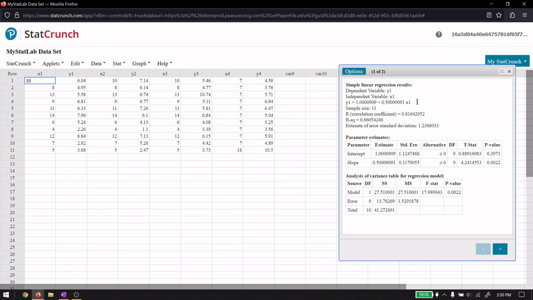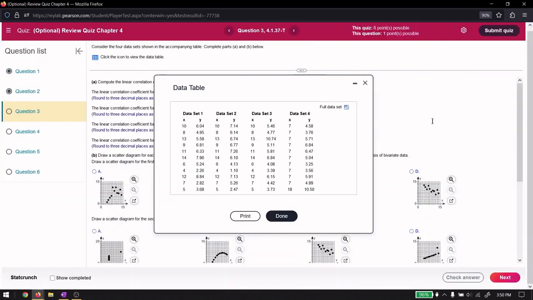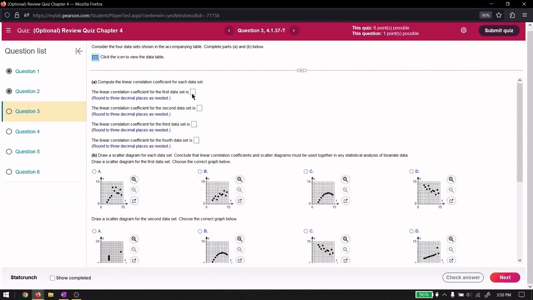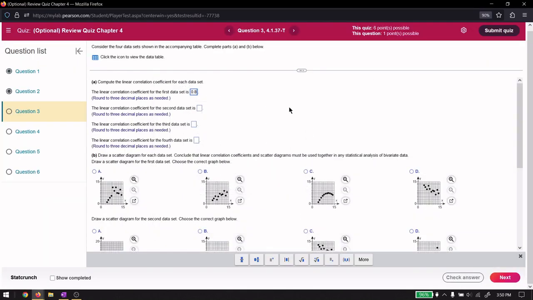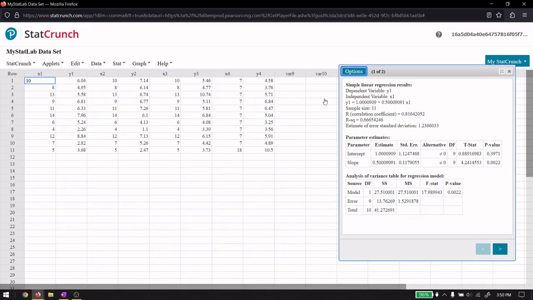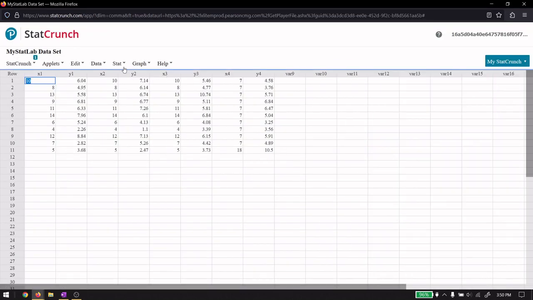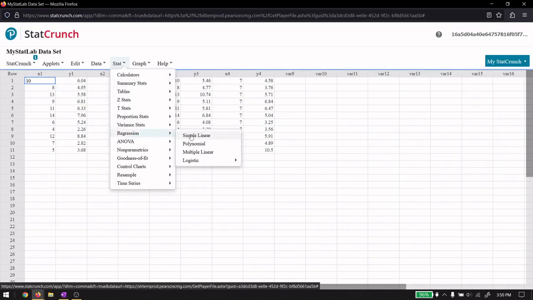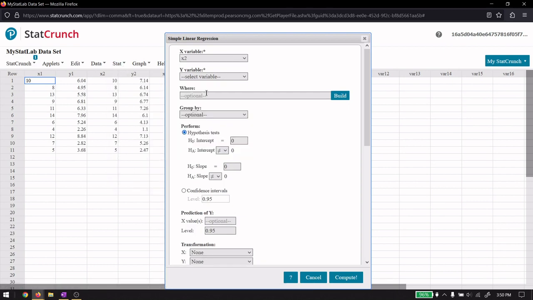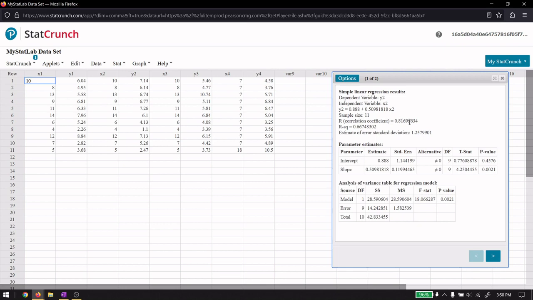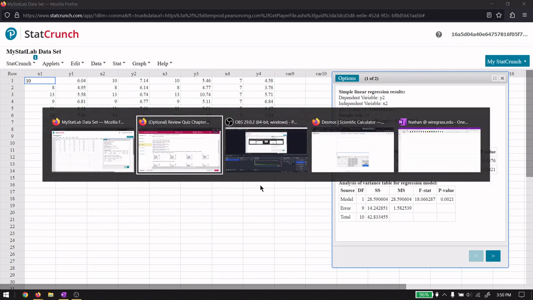And we have a correlation of 0.8164. Okay. Stat, regression, simple linear. x2, y2, correlation of 0.8169 or 0.817.